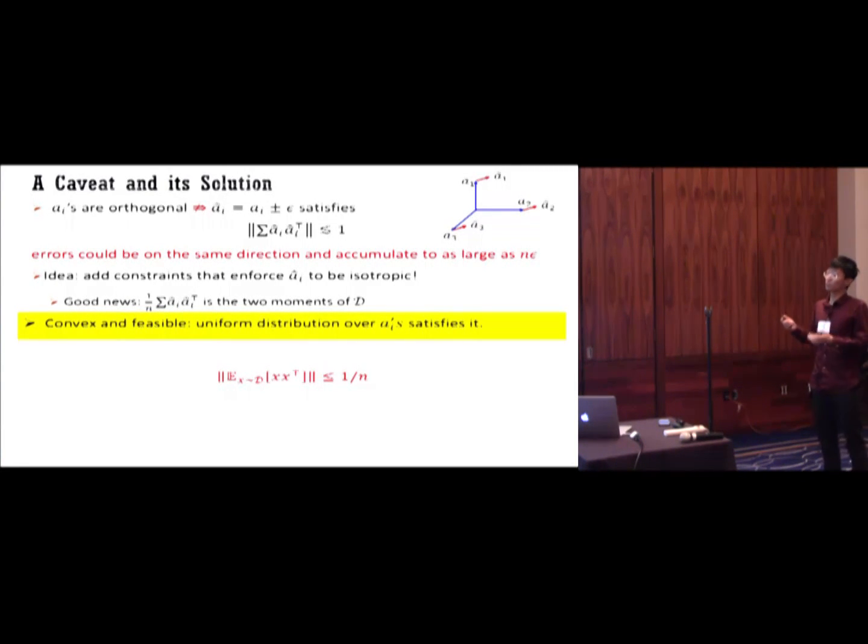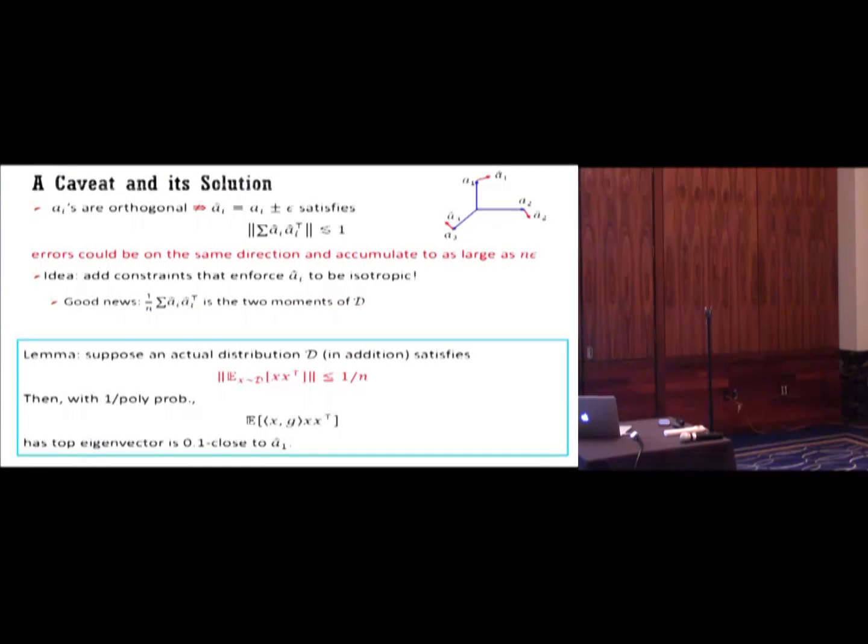And secondly, this is a feasible constraint, because the uniform distribution over the ai, the desired solution, satisfies this exactly, because the ai are orthogonal. The intuition behind it is that before we had a very worst case situation, and now with this new constraint, you enforce all of these ai hat to have an error that is spread out.